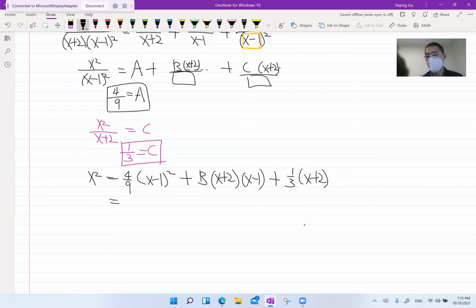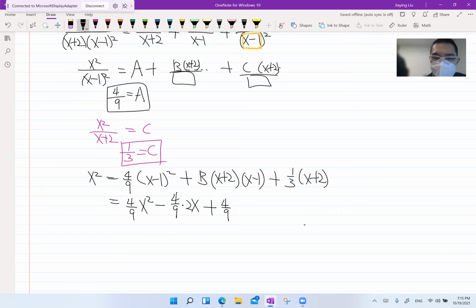It's always good to expand and then match the terms. So I'm going to do it quickly. So this is 4 over 9 times x squared minus 4 over 9 times 2x. So hopefully I didn't do something wrong here. And then plus 4 over 9.